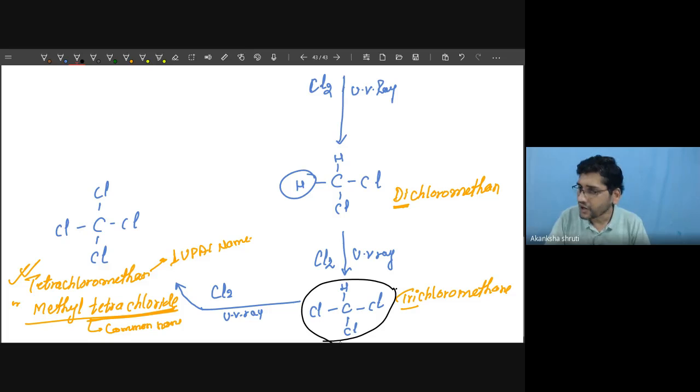It is commonly called chloroform. The chloroform we use as an anesthetic in biology to make a frog sleep so that an operation can be done, it is this chloroform.